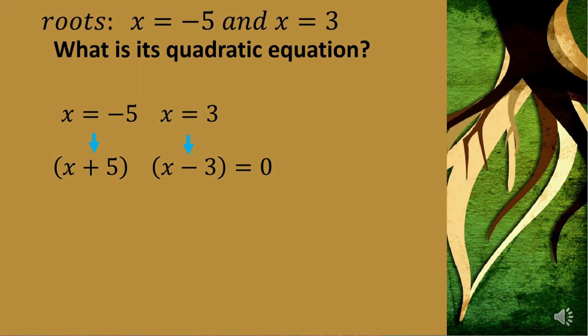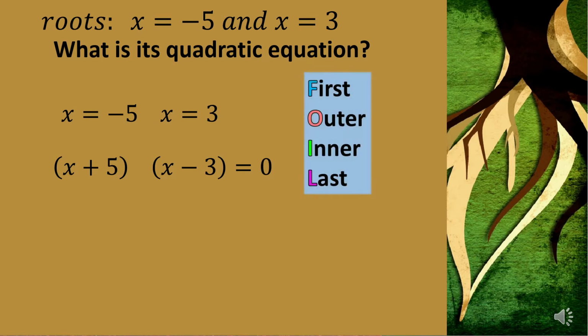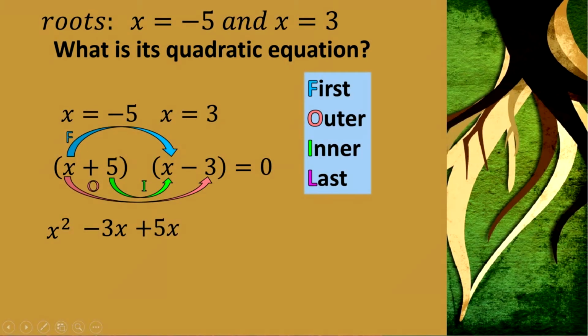And then by the FOIL method, remember that FOIL stands for first, outer, inner, and last terms. The first terms, x times x, is equal to x squared. The outer terms, x times -3, is equal to -3x. The inner terms, +5 times x, is equal to +5x.